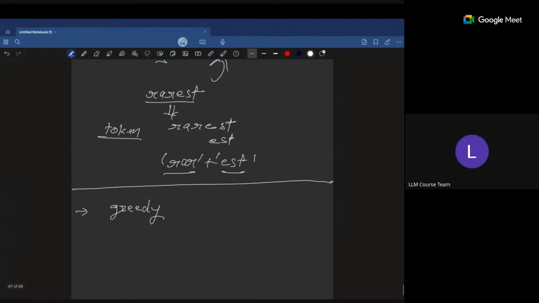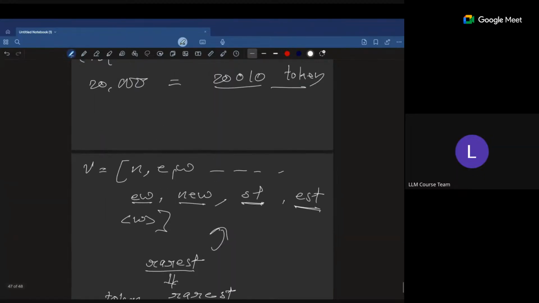Why is it greedy? Because at every step we are looking at the maximum occurring pair, right? It need not be true that the maximum occurring pair creates a new subword which is actually a meaningful subword, right?